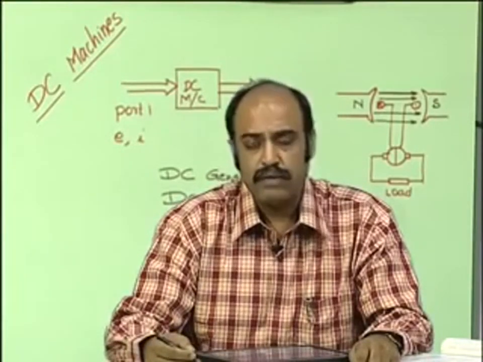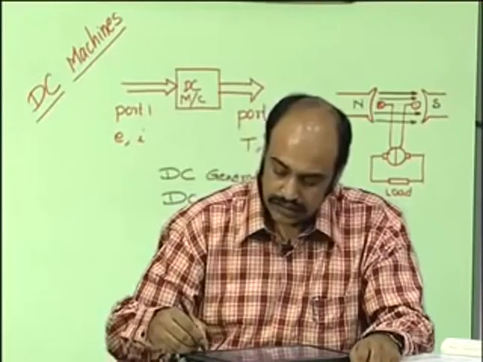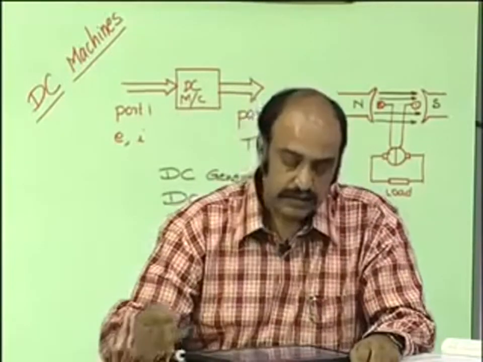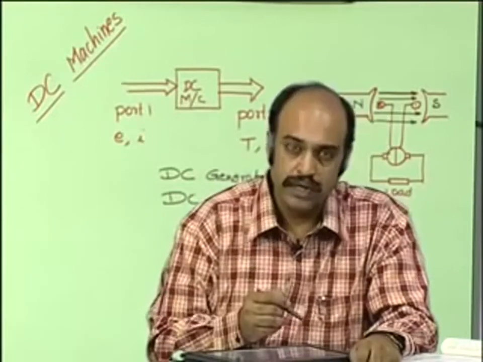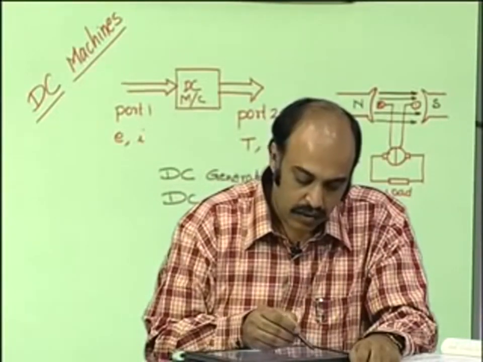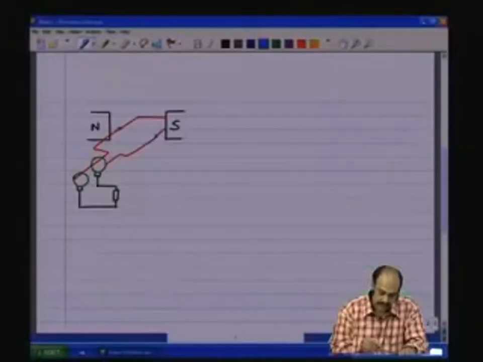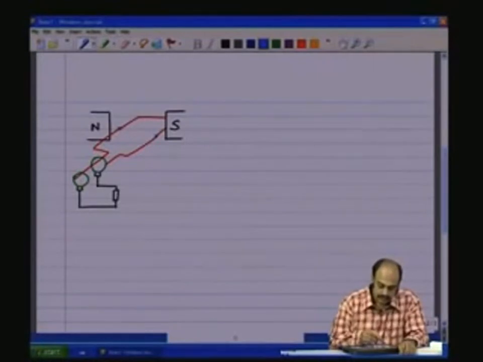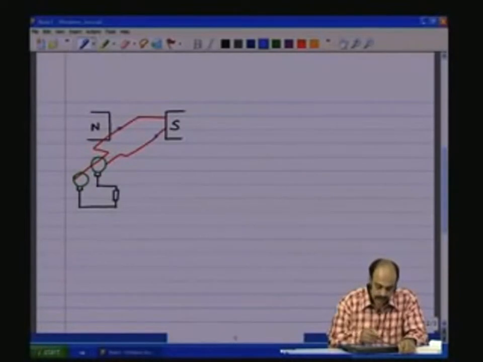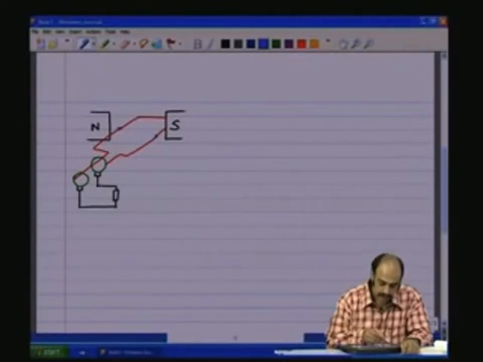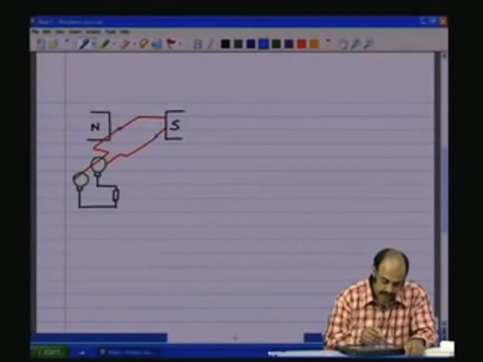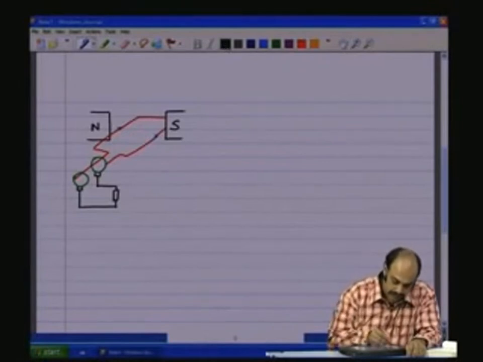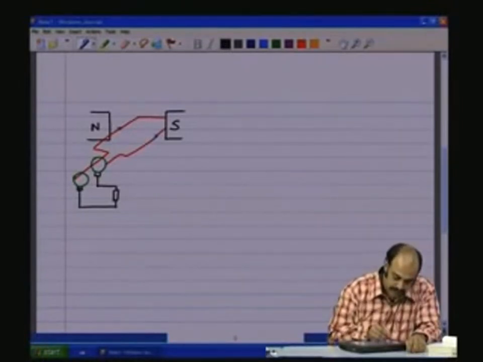And just to have a quick review, we saw in the last class that if we have a north pole and a south pole and a coil as shown here in red, the conductors near the north and the south pole will have the current directions out of phase, and these currents are going to be flowing through the external circuit through these brushes in black.